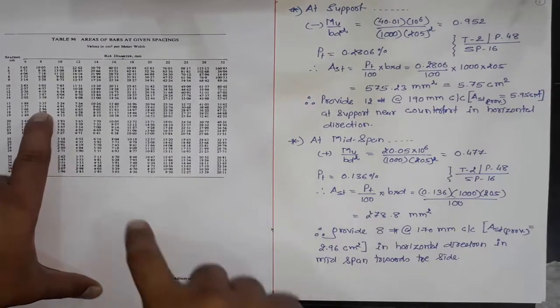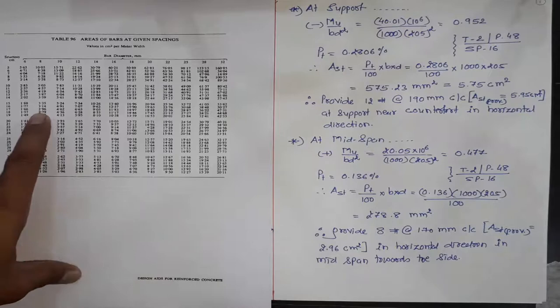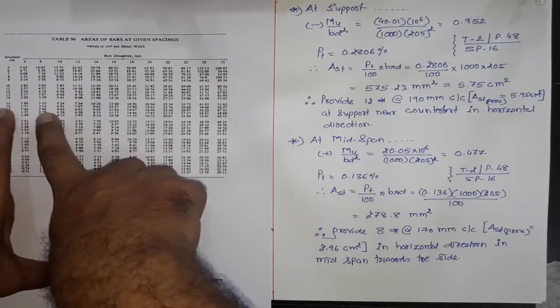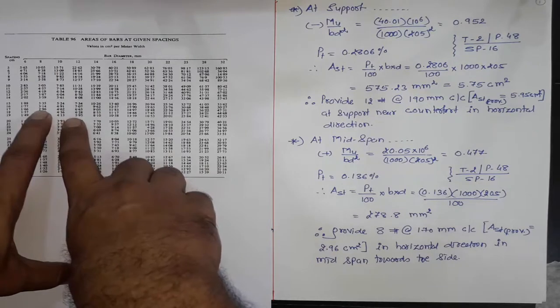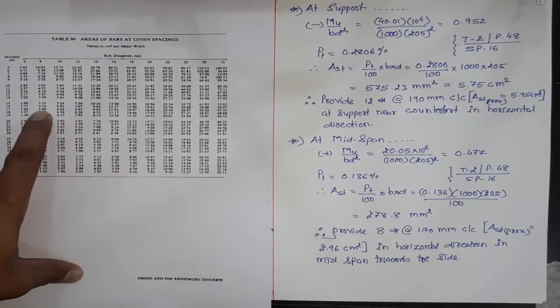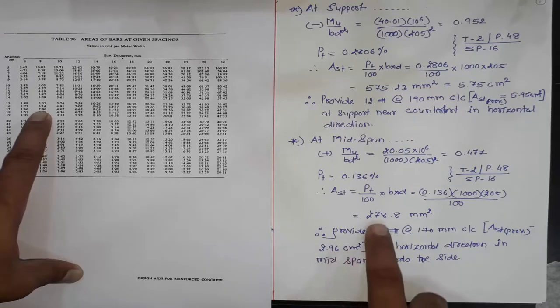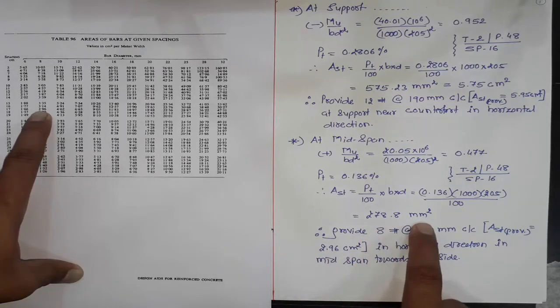Again, referring to table number 96, page number 230, you can see that for 8 mm dia reinforcement and for spacing of 17 centimeter or 170 mm, the area of steel provided will be equals to 2.96 centimeter square or 296 mm square, which is a little bit greater than our required area, that is 278.8 mm square.